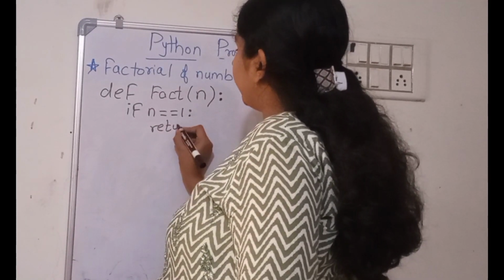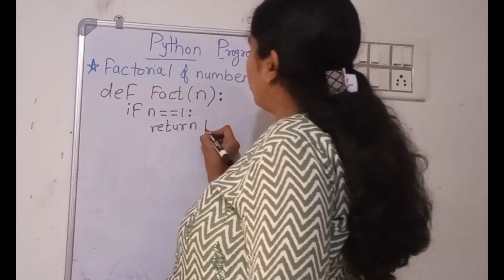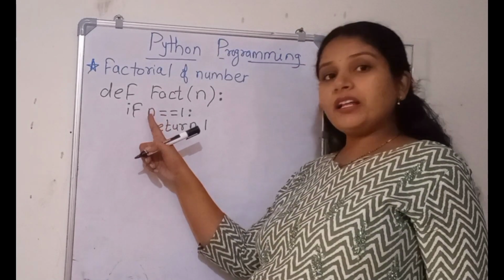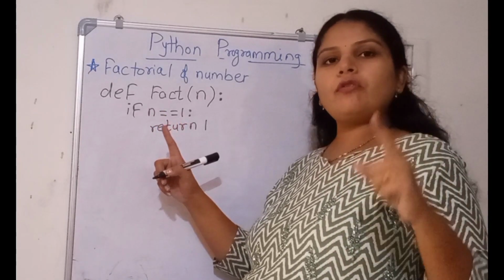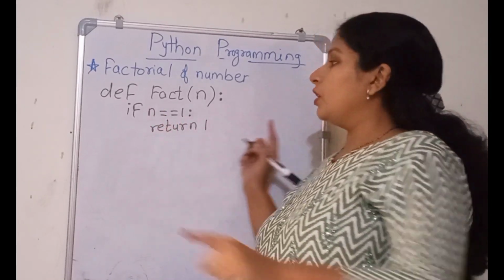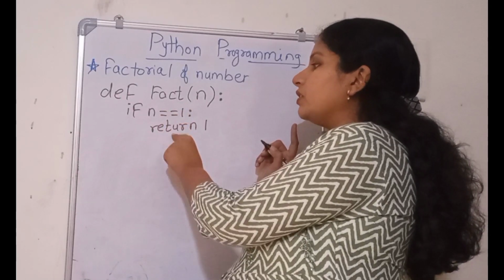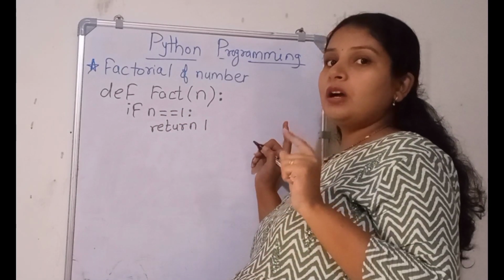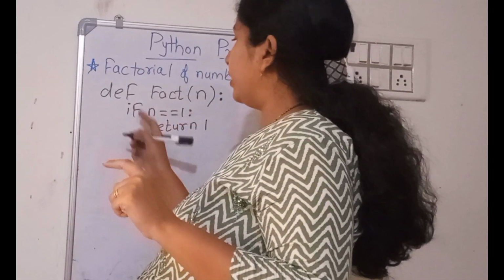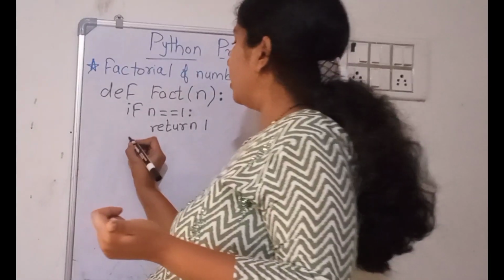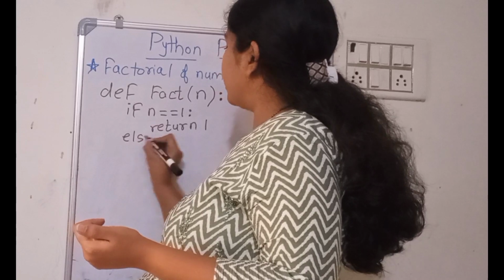You are returning the value, return 1. That means if the n value is 1, your output will be 1. Factorial of 1 is 1. So if the n value is 1, then you are going to return 1 only in the main program. Then if it is not 1, just go to the else part.